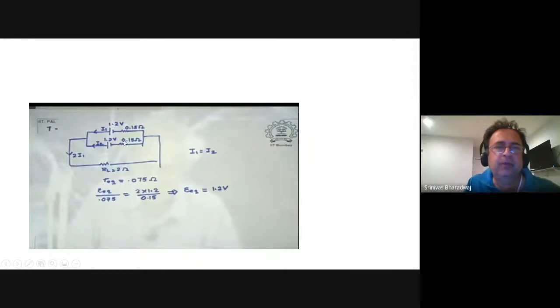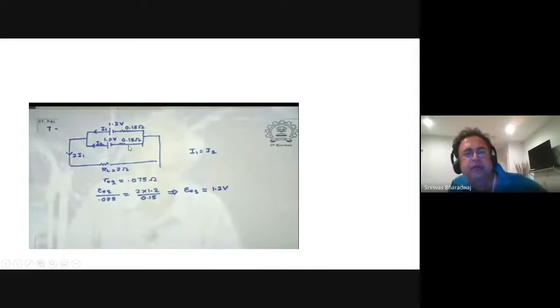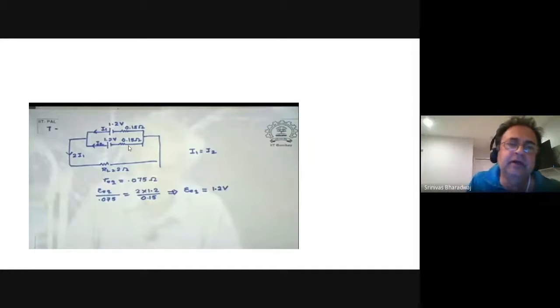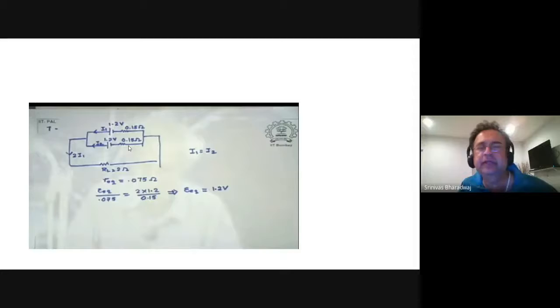It is 1.2 times 0.15 plus 1.2 times 0.15 divided by 0.3, so 2 times 1.2 divided by 2, so it is still 1.2. Now EEQ is 1.2 and REQ is 0.075, and therefore 0.075 plus 2 is 2.075, and 1.2 divided by 2.075 will give you the current.